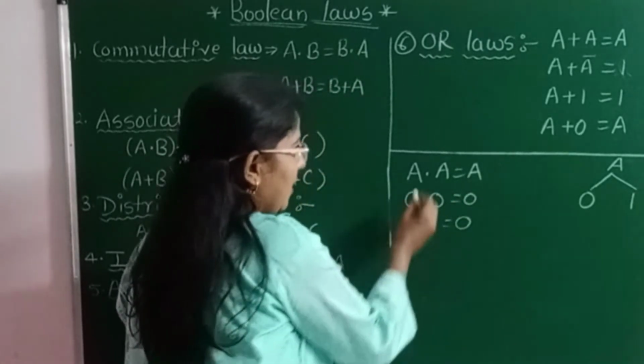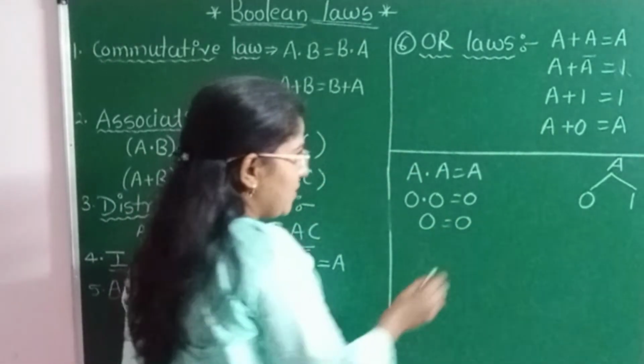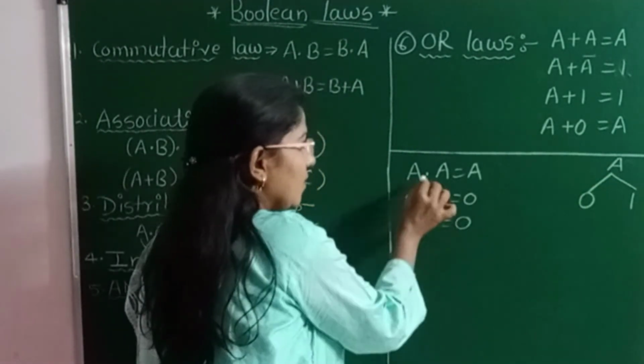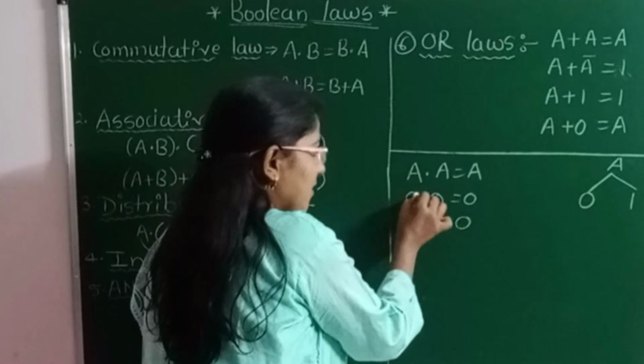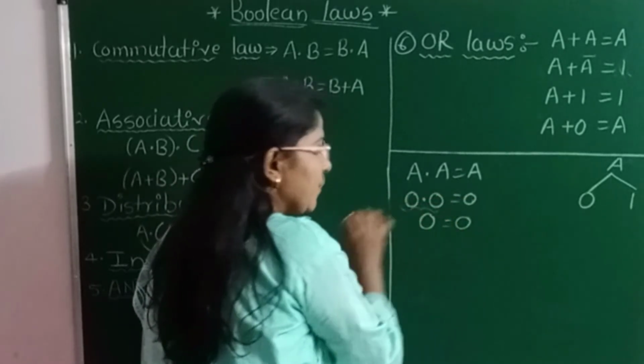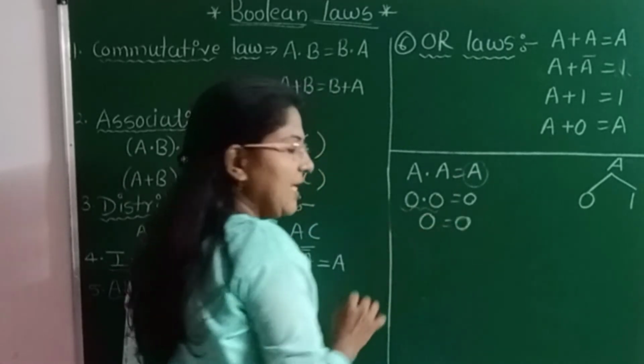So actually A into A is equal to A. Why? Because here the value of A we considered 0. So put the value of A, 0 into 0 equal to 0. We know 0 into 0 is 0. So at last the result we are getting is also 0.